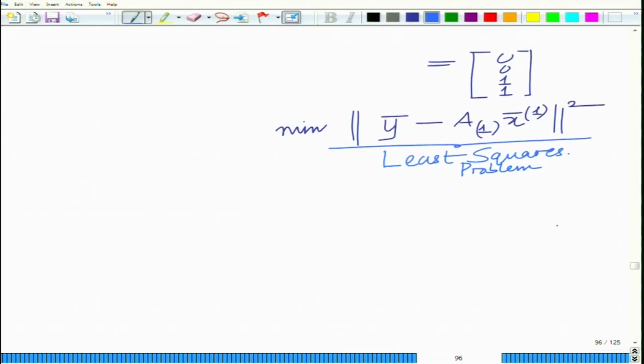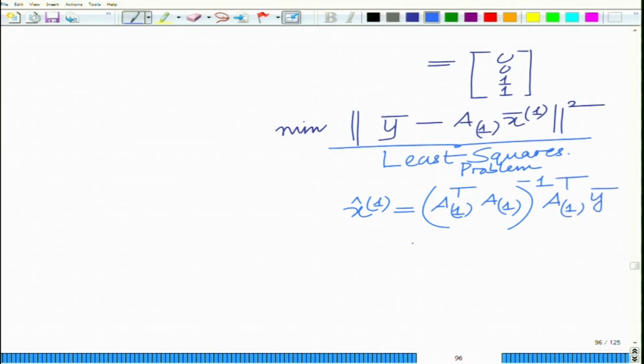Once you solve this least squares problem, the solution is x hat 1 equals a1 transpose a1 inverse a1 transpose y bar, where a1 is 0 0 1 1.